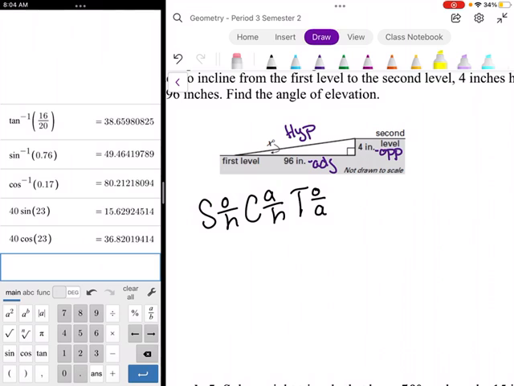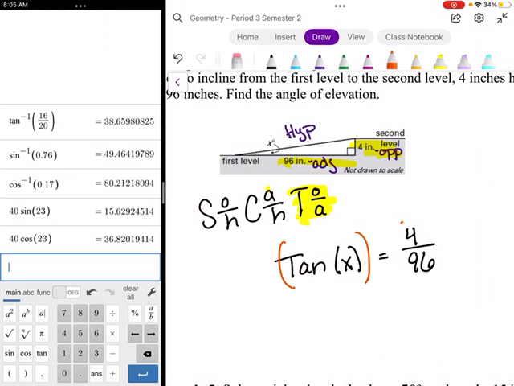So looking at this, we do have our opposite and our adjacent. So that is going to be our tangent function. So when we write this out, we're going to do tangent of x equals 4 over 96. And we need to get rid of the tangent, so we're going to do the inverse function on both sides. Those tangents will simplify.